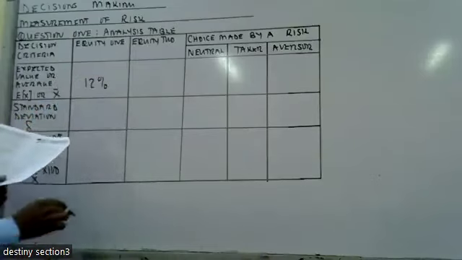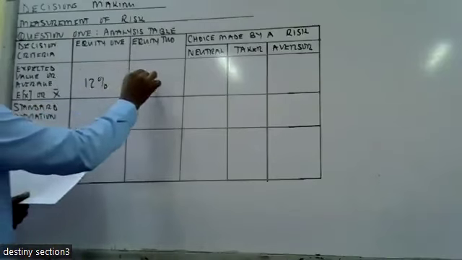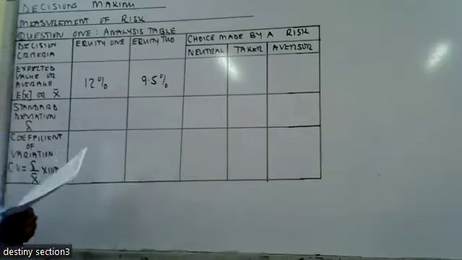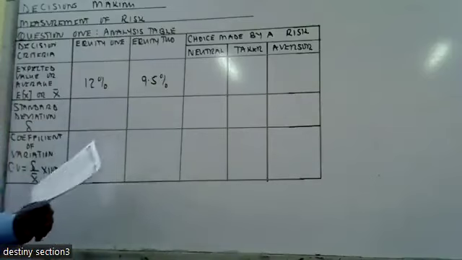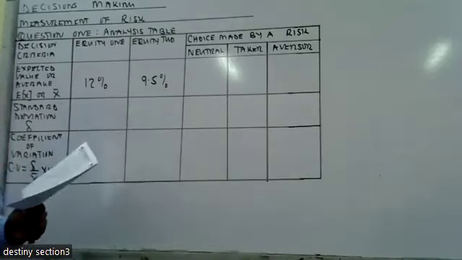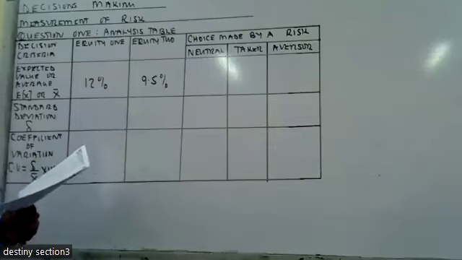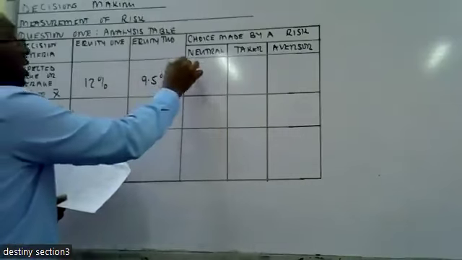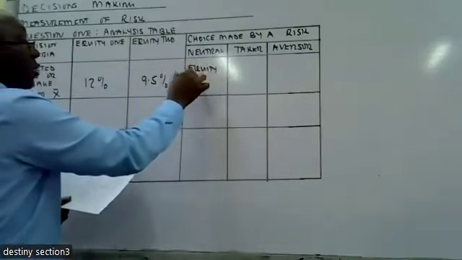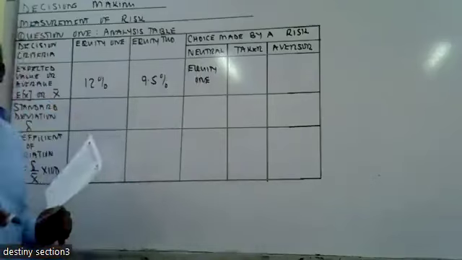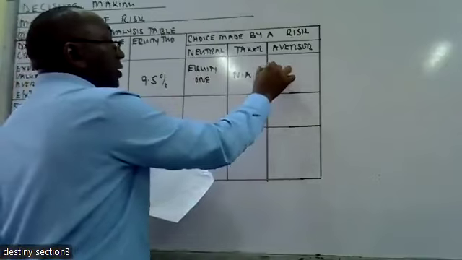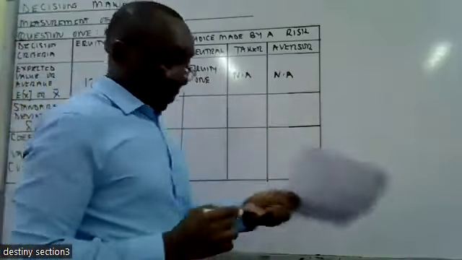And in equity 2, the mean is 9.5%. A decision maker who is risk neutral uses the average and goes for the highest. So they will go for equity 1. But the risk taker does not use that, so it's not applicable, and this one also does not use that.